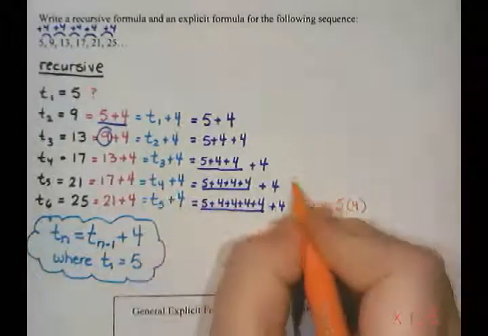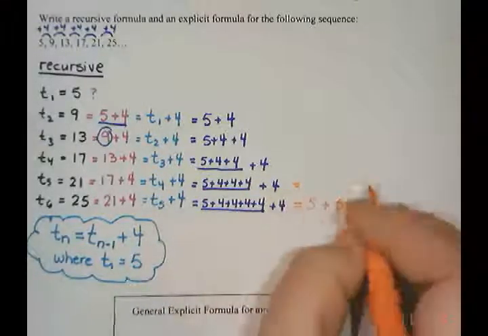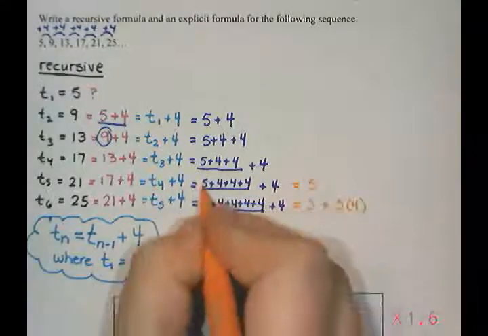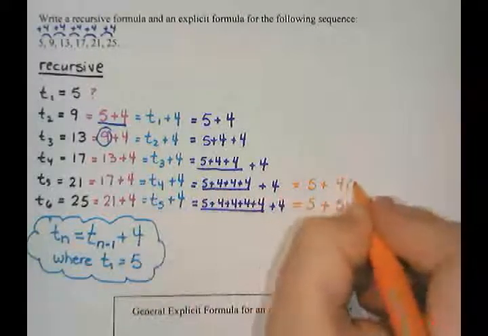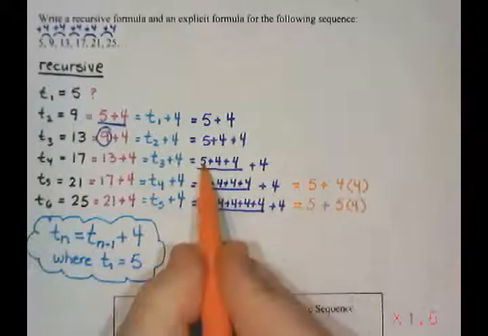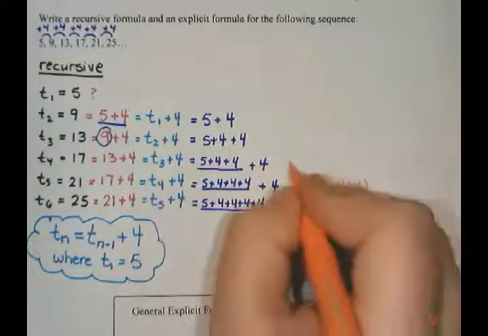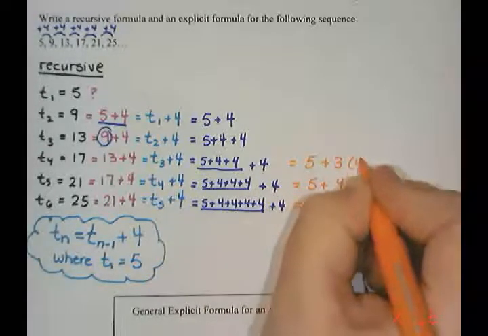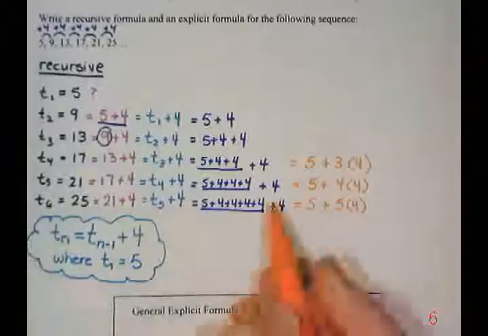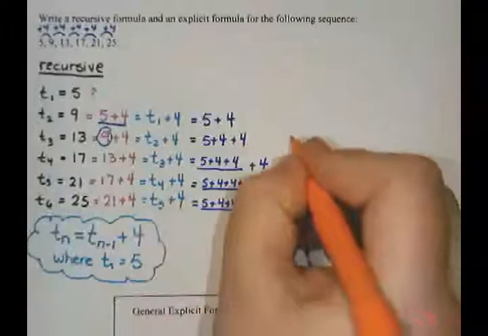For the next one up, I have 1, 2, 3, 4 4s. So I have 5, that's the first part, plus, and then I have 4 4s. Now in this one, I have 5 plus 1, 2, 3 4s. Okay, this one here we have 5 plus 2 4s.